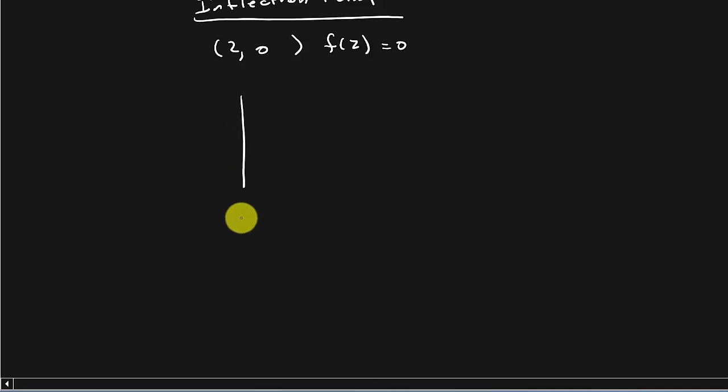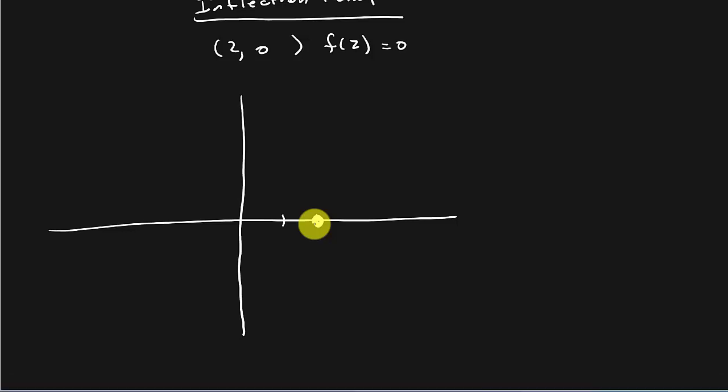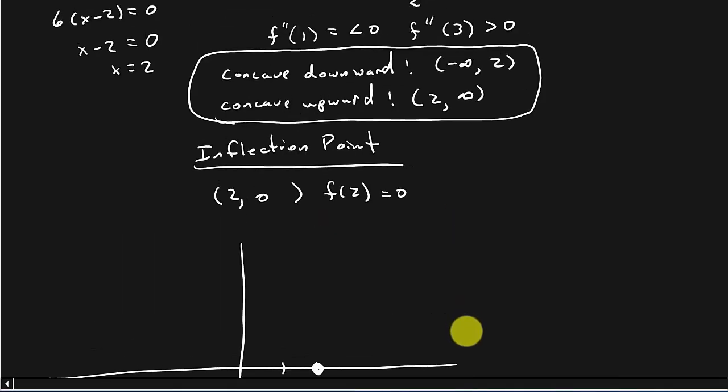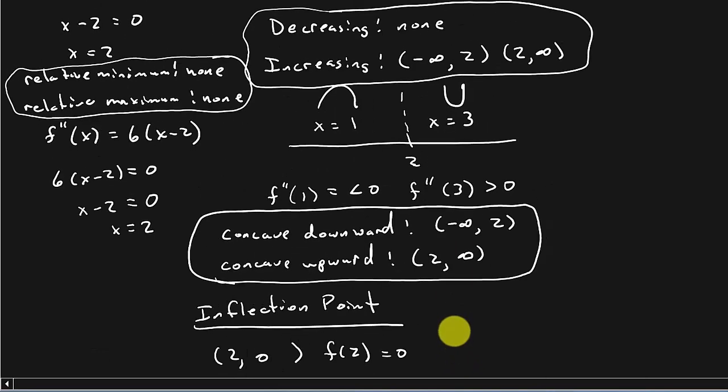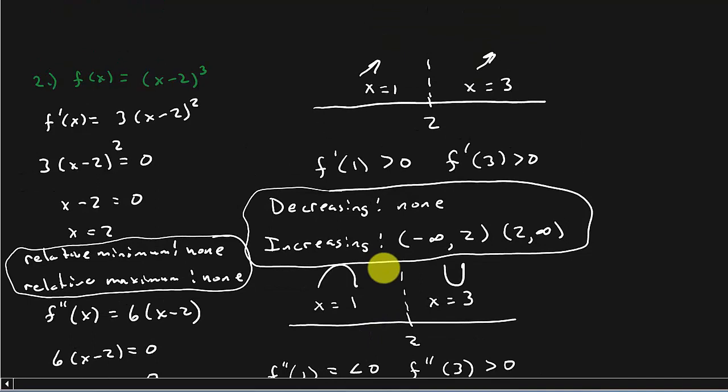So let's graph this thing. Really the only point I have to plot is that one right there, the point (2, 0). All right, if we wanted to, we could get another point.